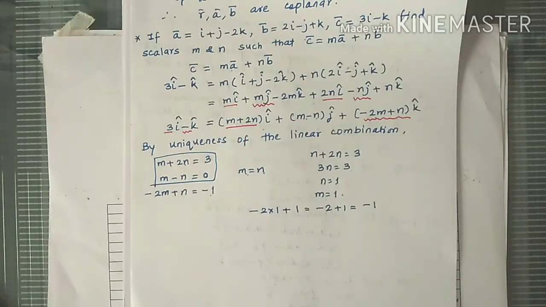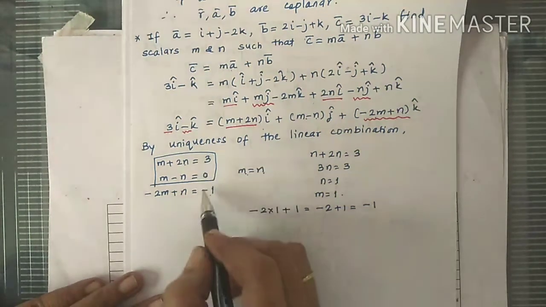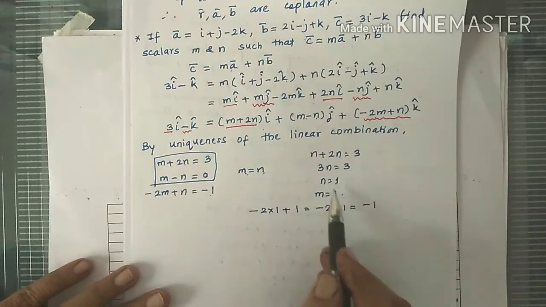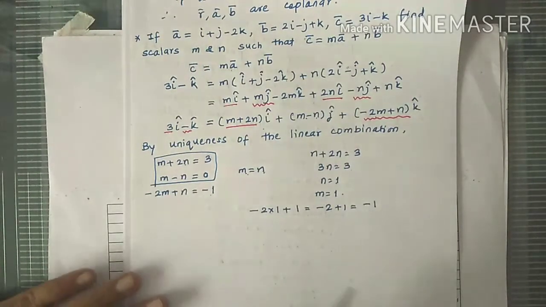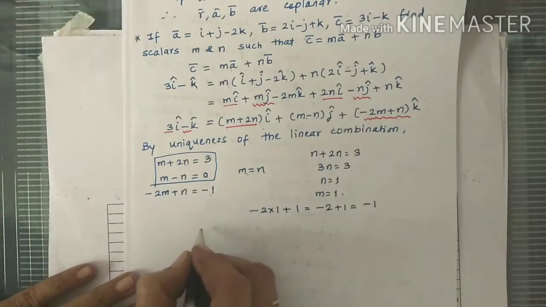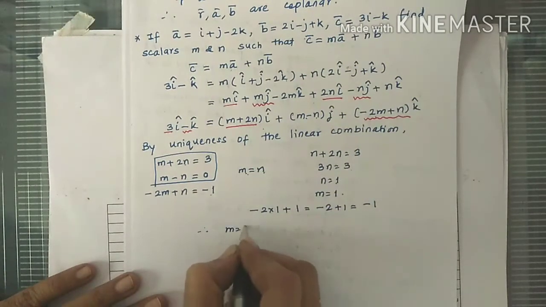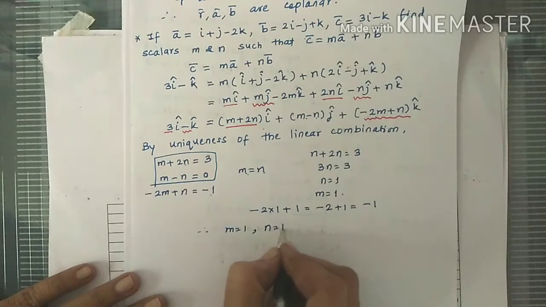In determinants we have studied consistent equations. Consistent equations means all the 3 equations have the same solution. So here all the 3 equations have the same solution, m equal to 1 and n equal to 1. So these are consistent equations. Therefore the value of m is 1 and the value of n is also 1.